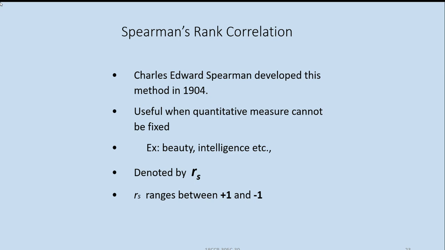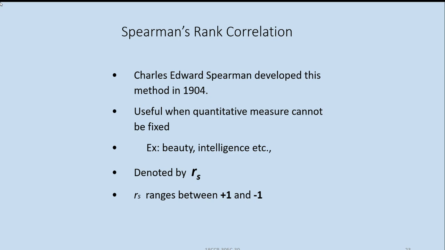For example, beauty of a girl, we cannot measure in terms of numbers, or performance of the student, or intelligence of the student, knowledge of the student. We cannot measure in terms of numbers. We cannot say this number is given to so and so student for his intelligence.